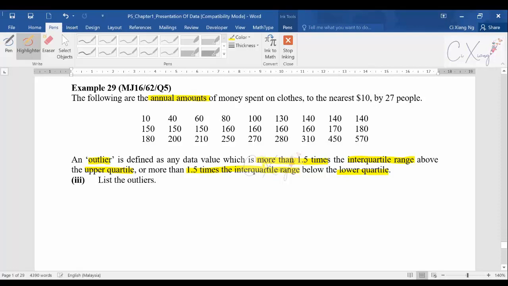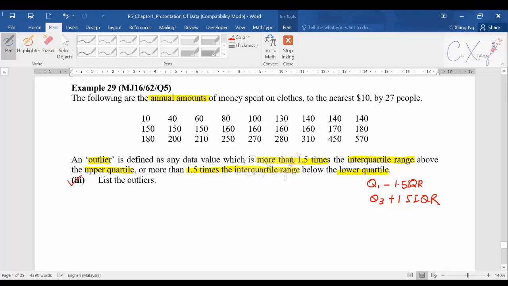This sentence is just telling you the meaning of outlier. Again, an outlier is any value smaller than Q1 minus 1.5 IQR, or any value more than Q3 plus 1.5 IQR. All these are the outliers.